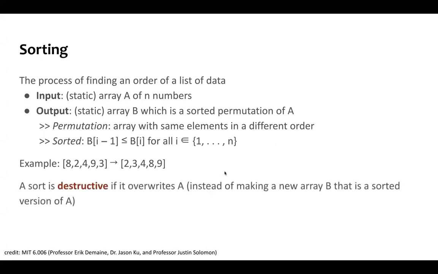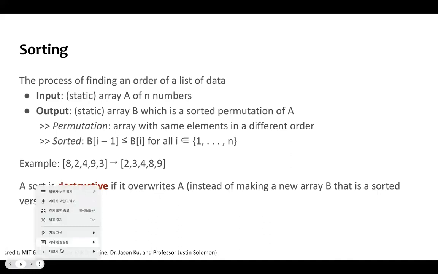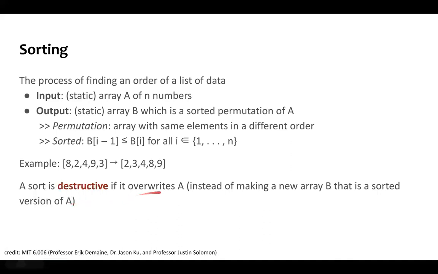And we say a sorting algorithm is destructive if it overwrites A. So if instead of making a new array that is a sorted version of A, you just change A, then that sorting algorithm is destructive, all right?